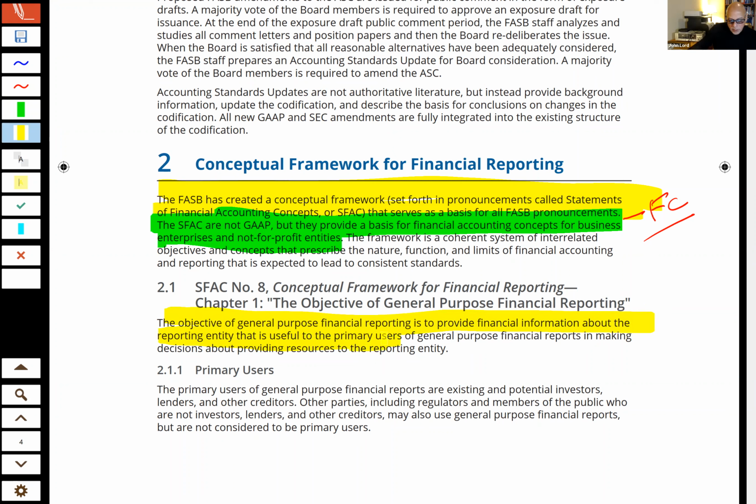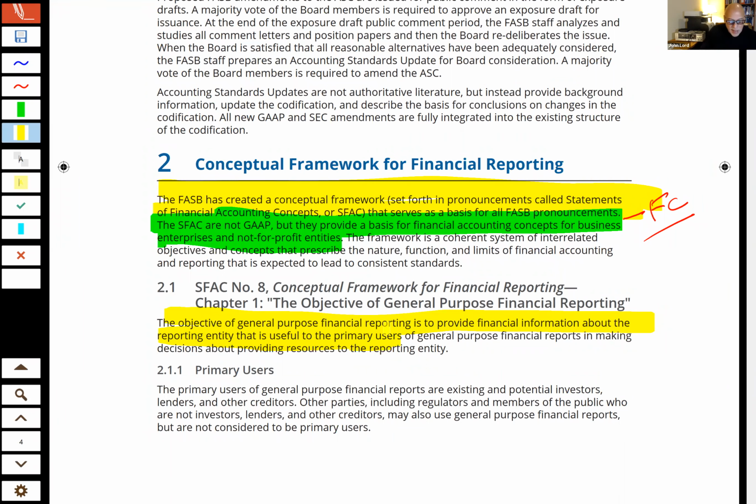Now you look at this and you say, well, come on, John, everybody knows that you prepare financial statements for the users of the statements. That's known easily now. But back in the day when FASB first came out with these concept statements, there was some discussion as to whether the financial statements were prepared for management or for those outside the company, external users.